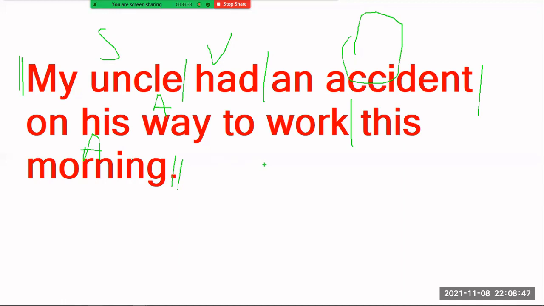So we have the structure of a sentence, which is S, V, O, C, A. So the way we arrange words in a sentence has to be in line with this word order.